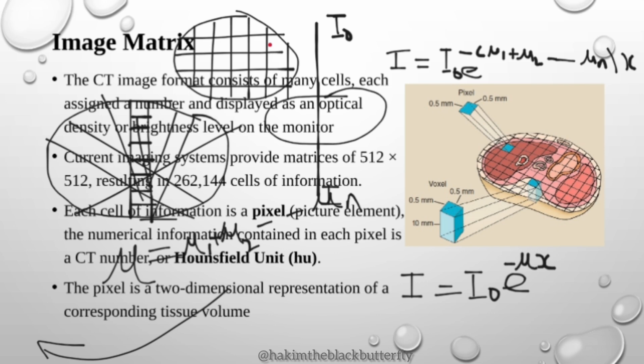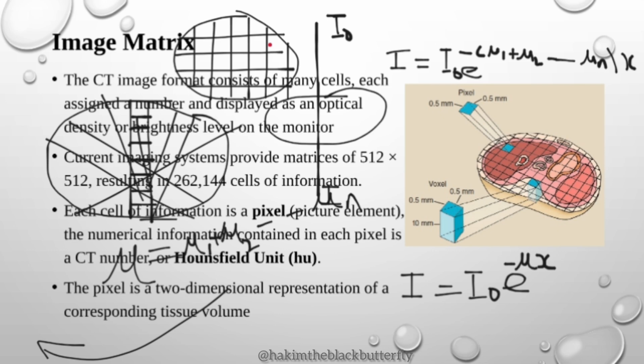Now, if we are to present a slice that has hundreds of thousands of pixels, for example, if you have a matrix of 512 by 512, it means that you are going to have a matrix of 262,000 pixels.